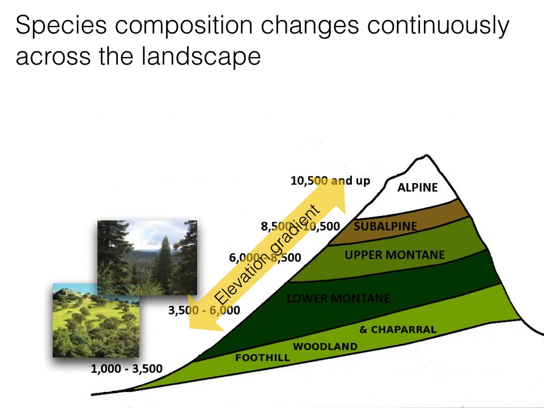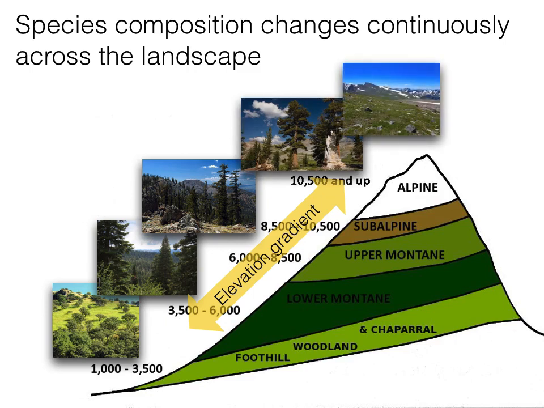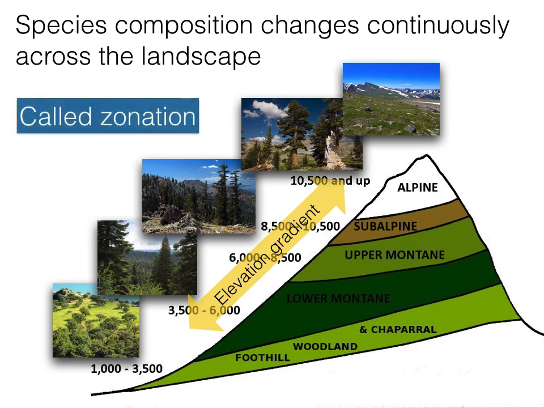If you've driven up into the Sierra Nevada mountains, you've probably noticed this. There are distinct changes in the types of plant species that occur as you go up in elevation. You've noticed that there are recognizable communities of species that occur in distinct zones across this elevation gradient. This phenomenon is called zonation.